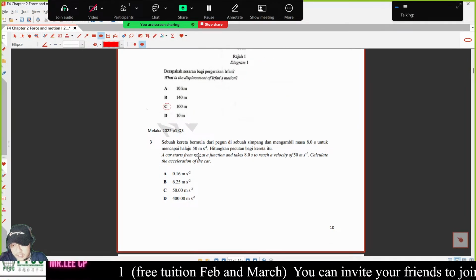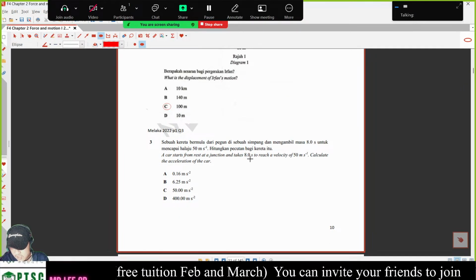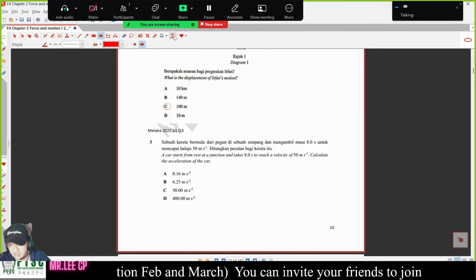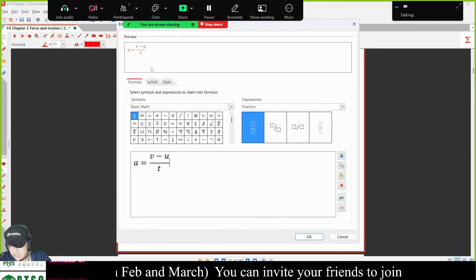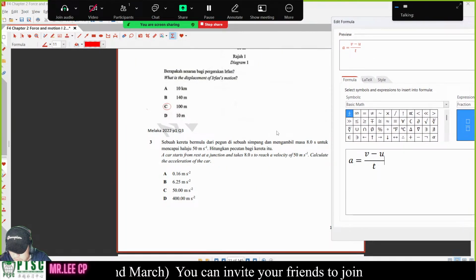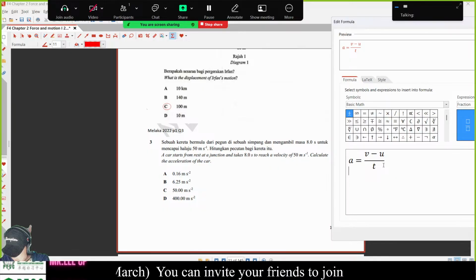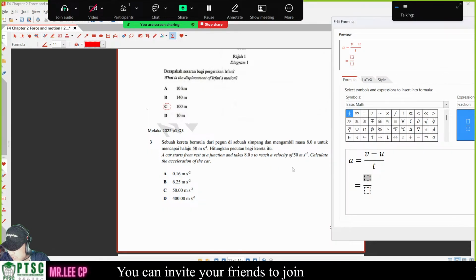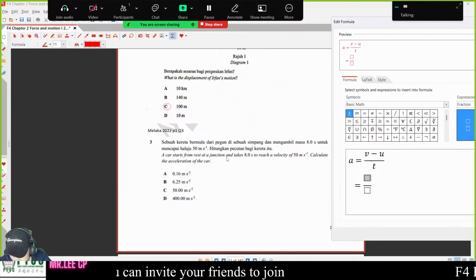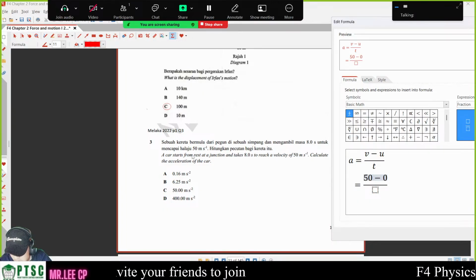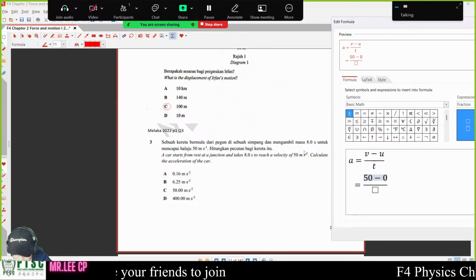Okay, a car starts to move from rest and takes 8 seconds to reach a velocity of 50. Calculate the acceleration. So how to calculate here? a is equal to v minus u over t. So you are going to put in the information. a, I don't know. v, final velocity. To reach a velocity of 50 from rest, 50 minus 0. From rest, initial is 0. This is the final velocity.